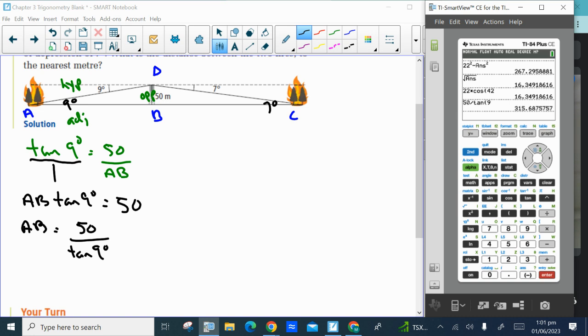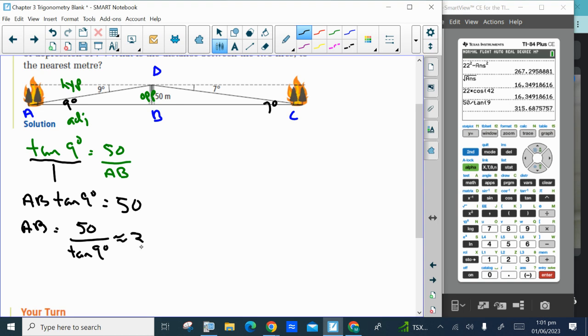And if you put that in your calculator, you will get 315.7 if we round it. And that'll be in meters, the same as the height of the tower is in meters.